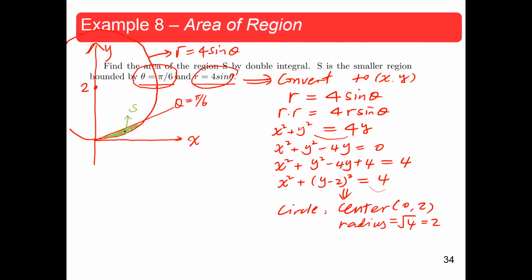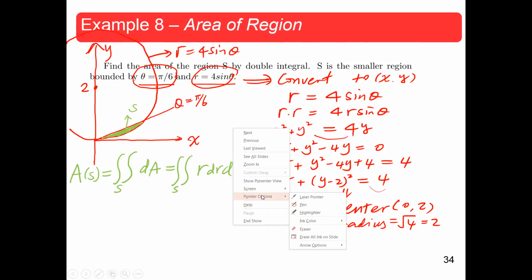This region is just a tiny piece of the circle, and we don't have any existing formula to compute the area of the region S, so we'll have to use double integration. So the area of region S will be the integral over region S of dA, which, a lot of the time, is going to be r dr d theta for this region S. Next, let's think about how to describe this region S using polar coordinates.